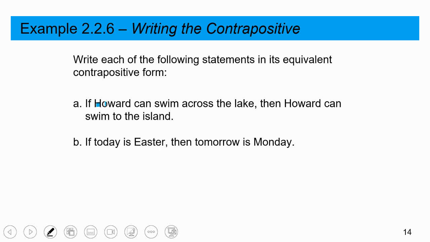It says, if Howard can swim across the lake, then Howard can swim to the island. We're going to switch the hypothesis and conclusion and negate both of them. So again, if you want to pause this video and see if you could write the contrapositive of this statement, that would be a really good activity.